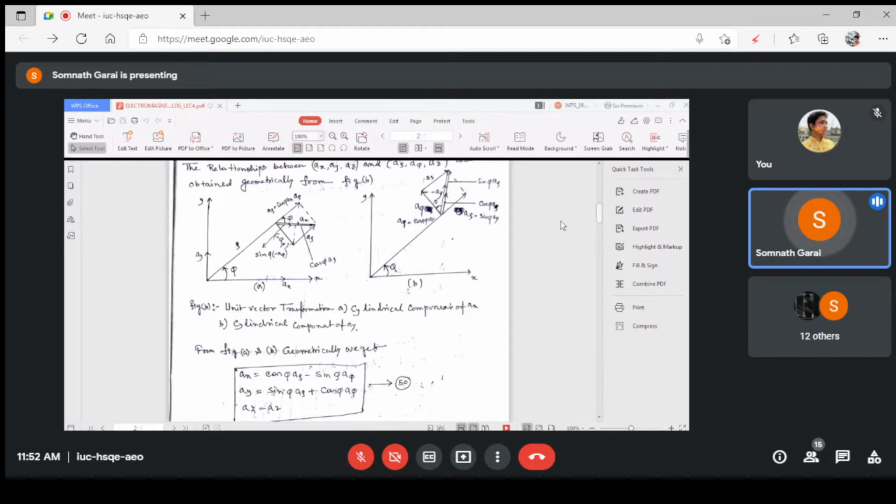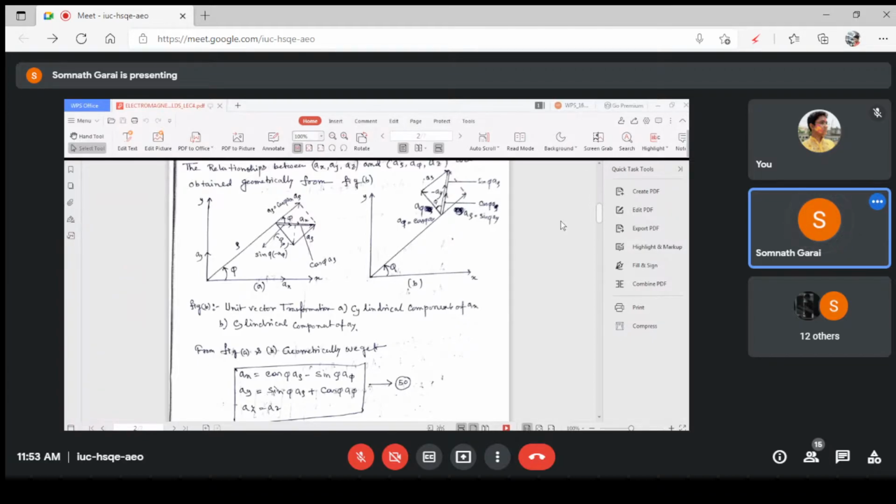If a vector is divided into two components, the component which constitutes the theta angle or phi angle with the original vector will be cos phi or cos theta into that vector, and the component which does not constitute the phi or theta angle will be sin phi into that vector.